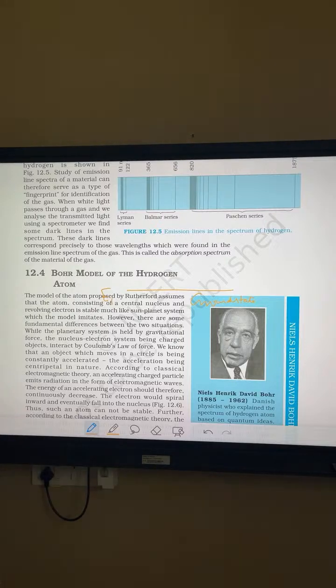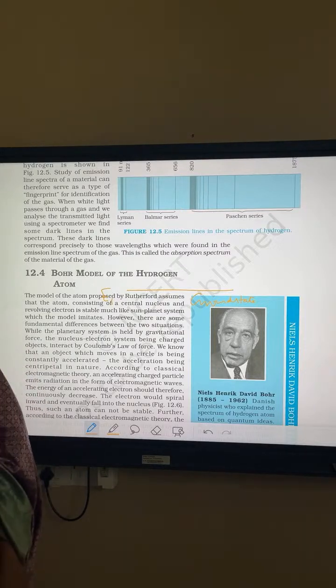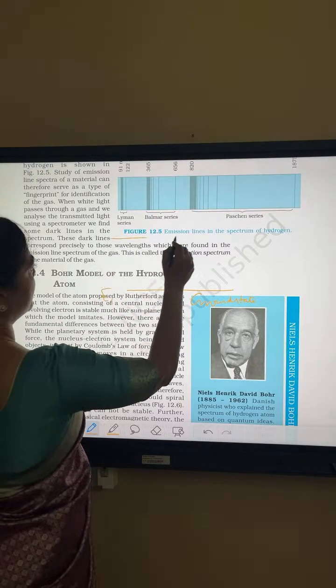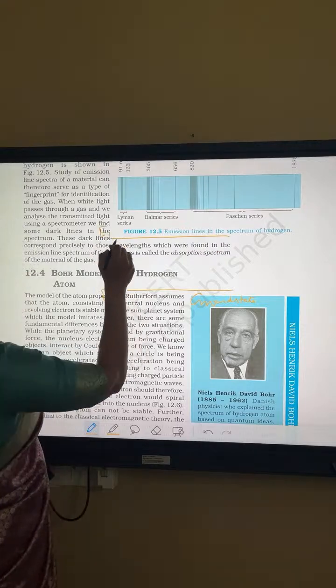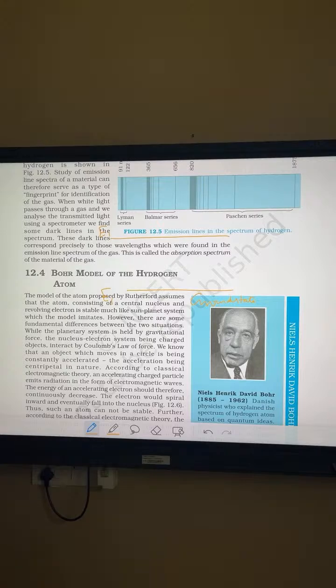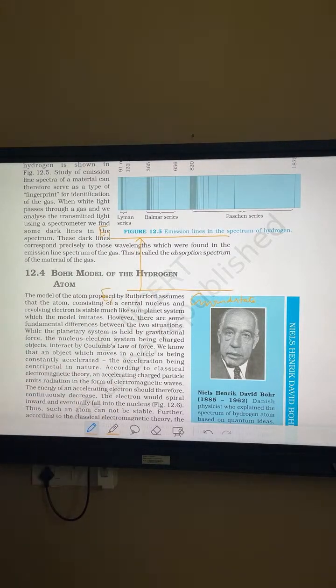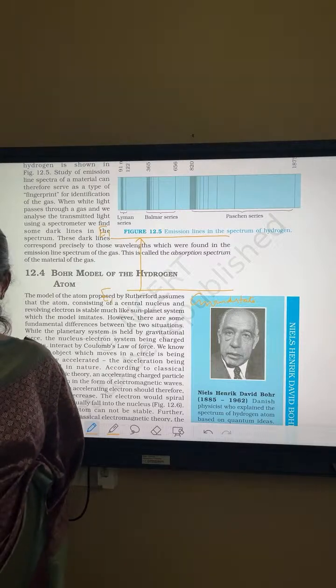If the outermost electron stays in its own orbit, then it is said to be in the ground state. If the outermost electron absorbs energy from an outer source, it moves to a higher level. The excited level will be E1, for example. This shows just an energy level. If an atom moves to the excited level, then it can't stay in it for a long time.